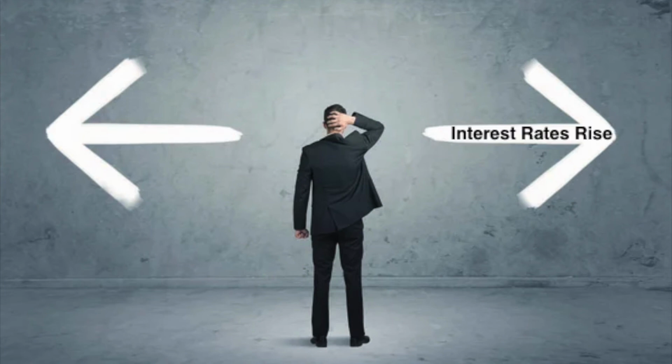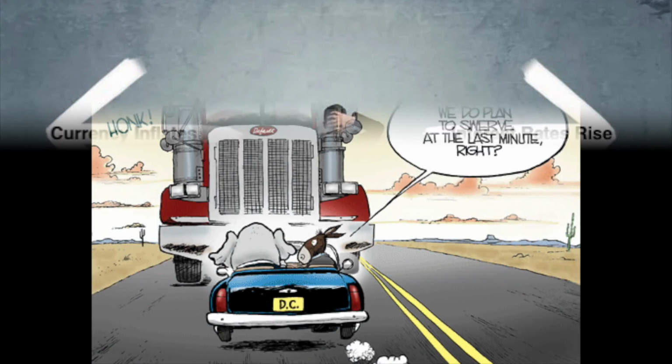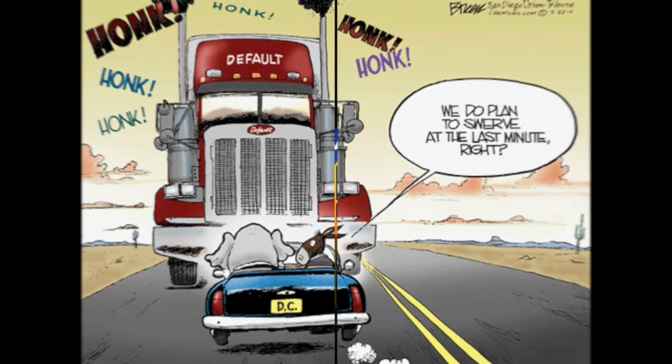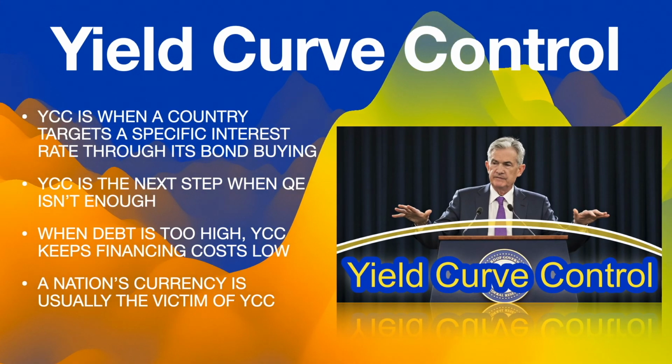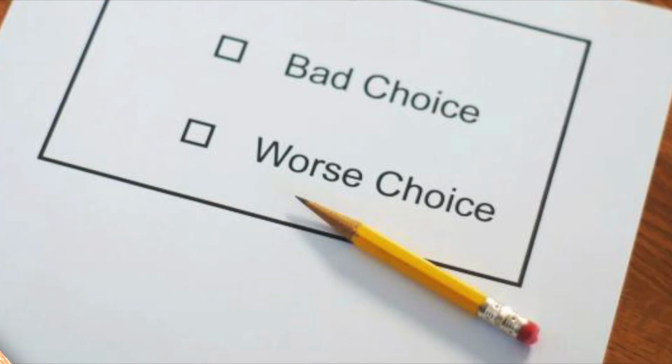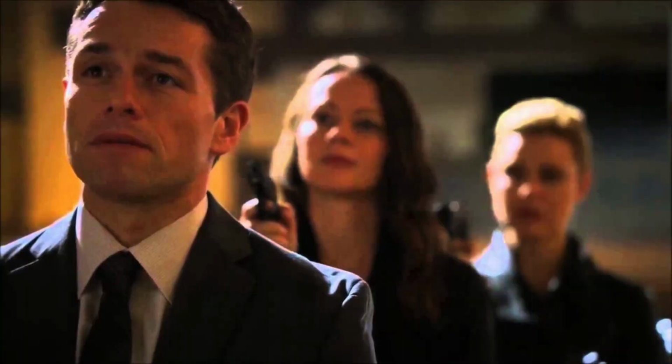Let its interest rates rise and risk a nominal default on its debt, because don't forget, it can always print its way out. Or let its currency rapidly inflate by remaining steadfast in its yield curve control policy. Both scenarios are far from ideal, so any central bank caught in that dilemma would just be left choosing the lesser of two evils. Either way, it's not a good place to be.